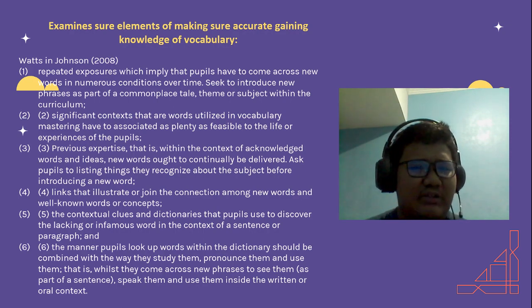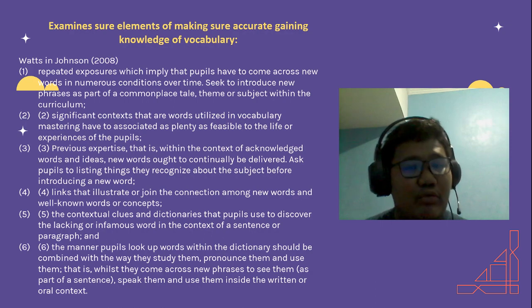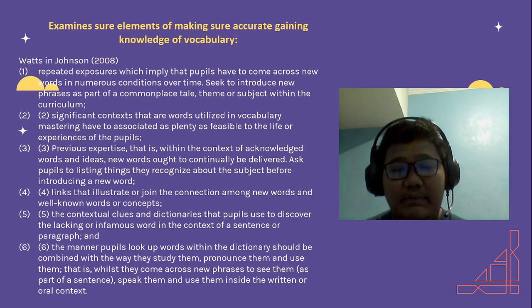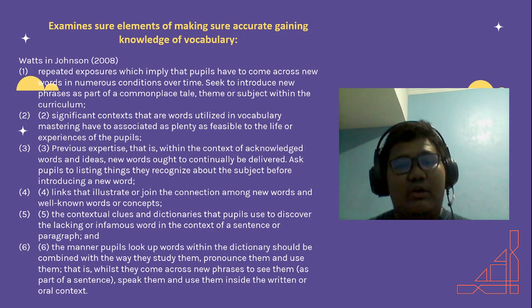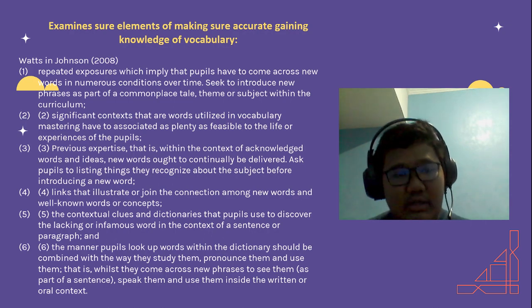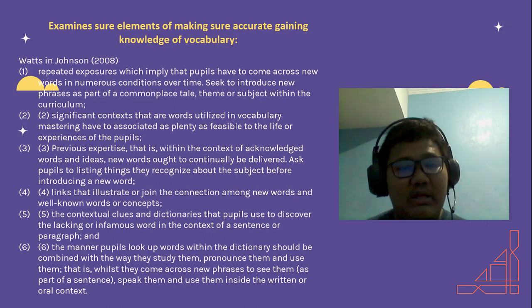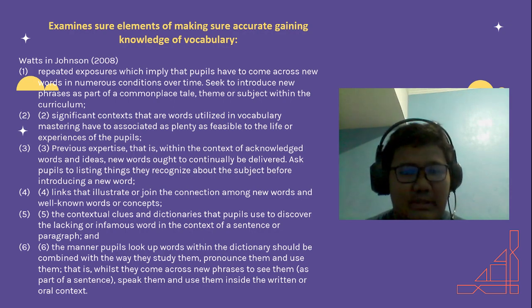That is, within the context of acknowledged words and ideas, new words have to continually be delivered. As people are listening to things, they recognize subjects before introducing a new word. The fourth one, links that illustrate or join the connection among new words and well-known words of concepts. The fifth one, the contextual clues and dictionaries that pupils use to discover the lacking of unfamiliar word in the context of a sentence or paragraph.